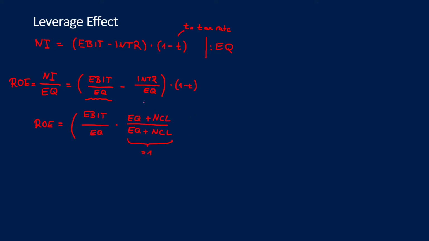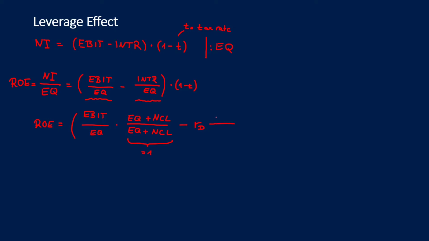Well, and I do something different with this fraction line. The interest amount here can also be split into an interest rate and the interest-bearing debt. So minus the interest rate that I call RD, like return on debt or whatsoever.